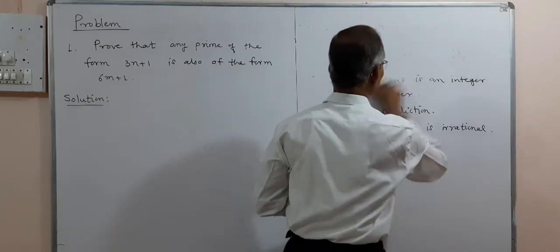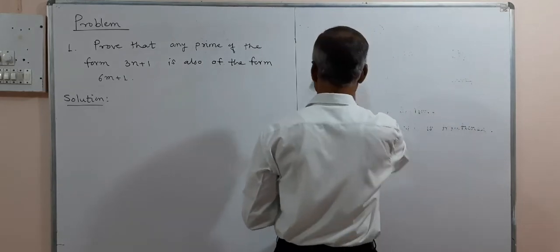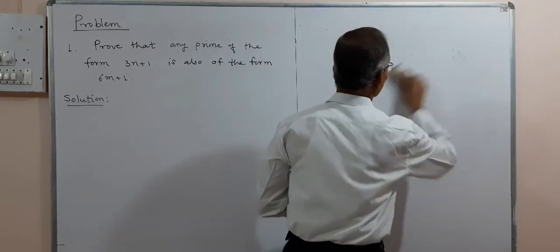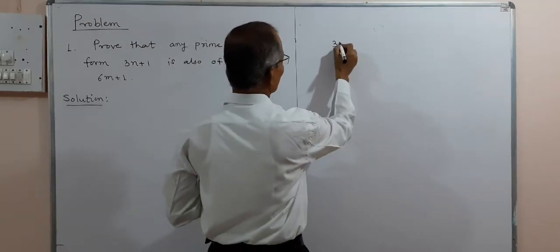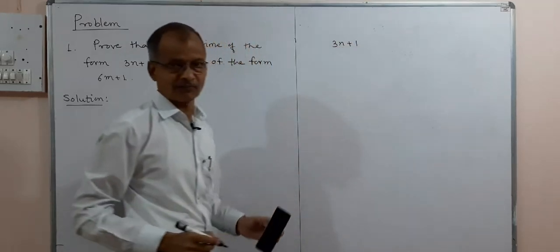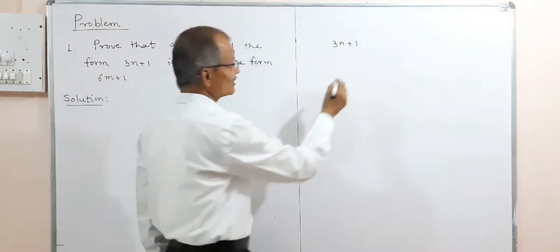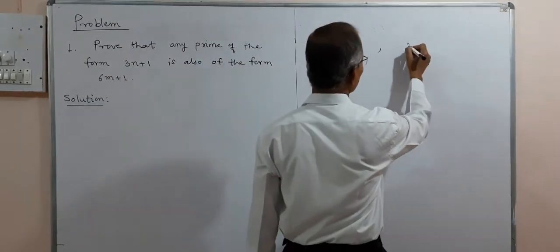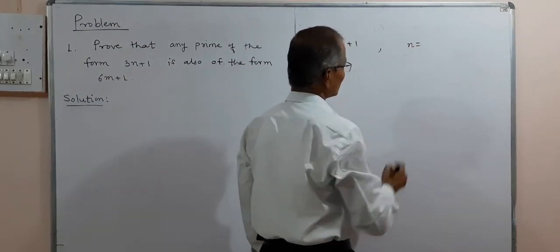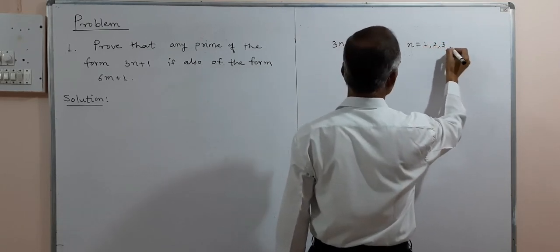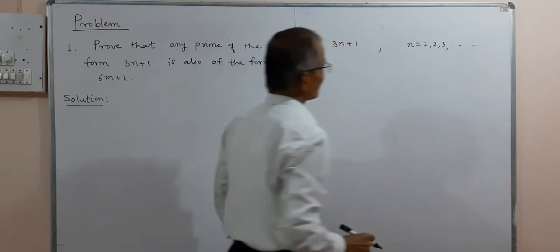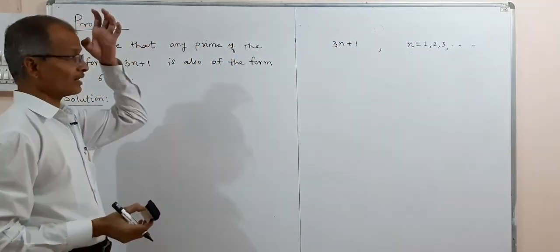So any prime of this form 3n plus 1. What is the meaning of 3n plus 1? Prime in the form 3n plus 1. N is an integer. We consider positive integers only. N will have the values starting with 1, 2, 3, etc. But which values will give primes?